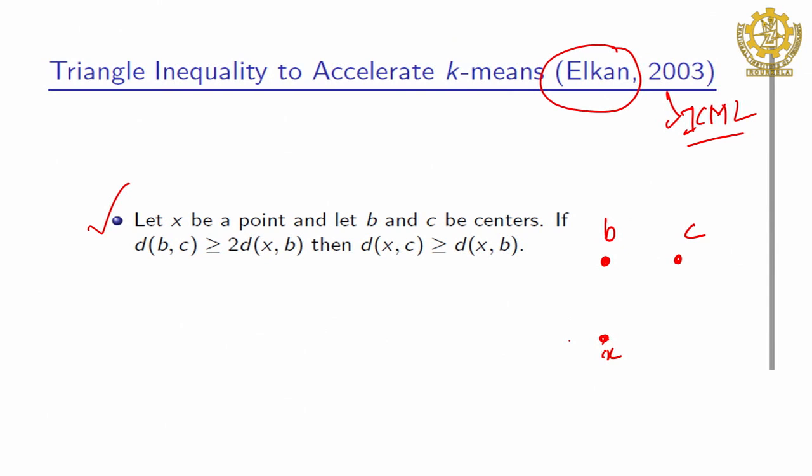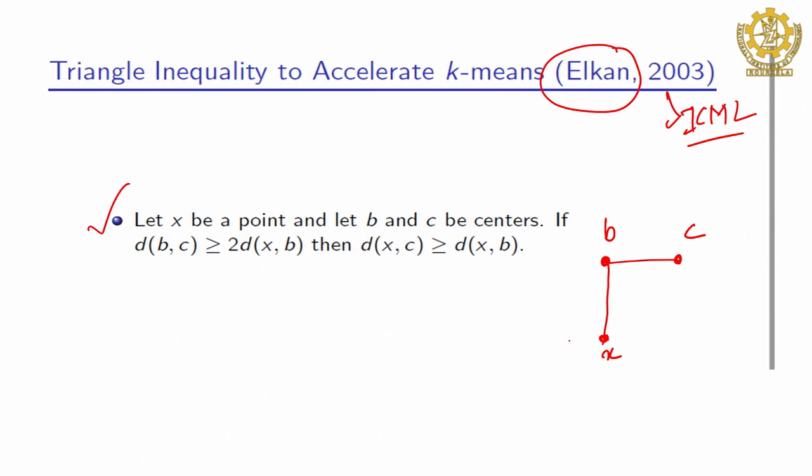We computed the distance from x to B, we know this distance. Obviously, the distance from C to B was also computed, otherwise we can compute the distance from B to C. So, we know this distance here. Now, we will estimate what the value of x to C can be without computation.